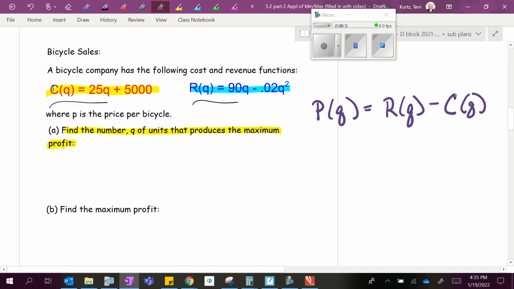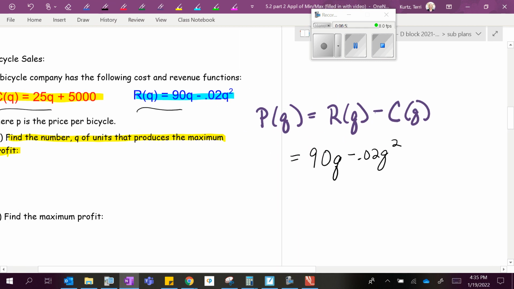So first, before we can find the maximum profit, we need to use these two equations to find our profit equation. So I'm going to take the revenue equation, 90Q minus 0.02Q squared, minus our cost equation, which is 25Q plus 5,000.